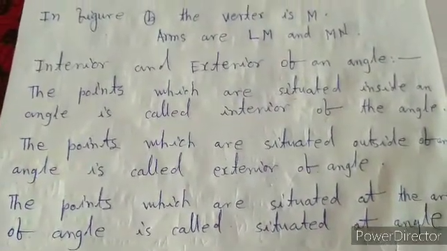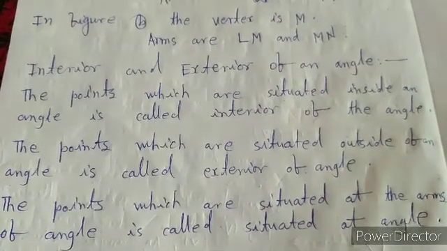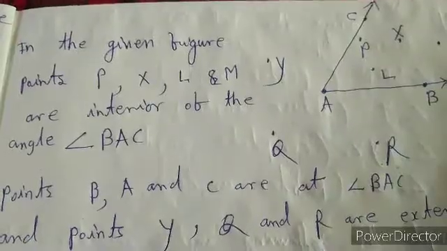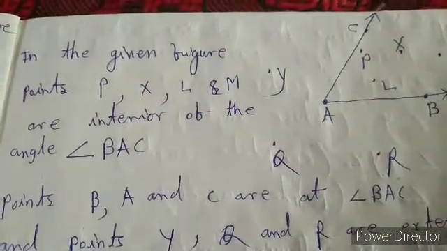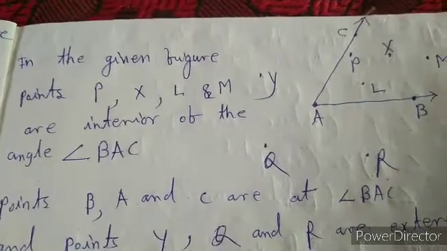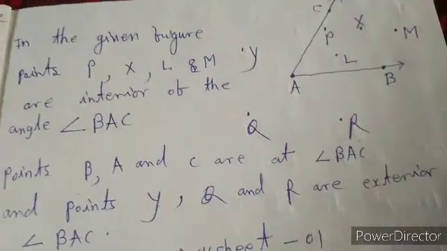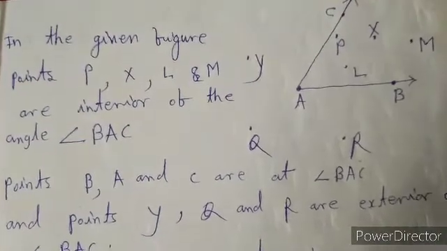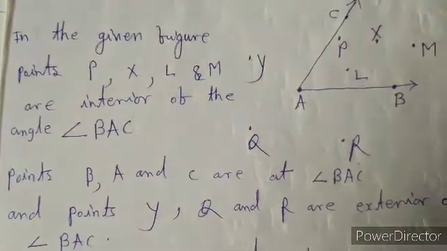The points which are situated inside of an angle and on the arms of the angle are also named as situated in the angular region. In the given figure, points P, X, L and M are in the interior of angle BAC. Points B, A and C are on angle BAC, and points Y, Q and R are in the exterior of angle BAC.